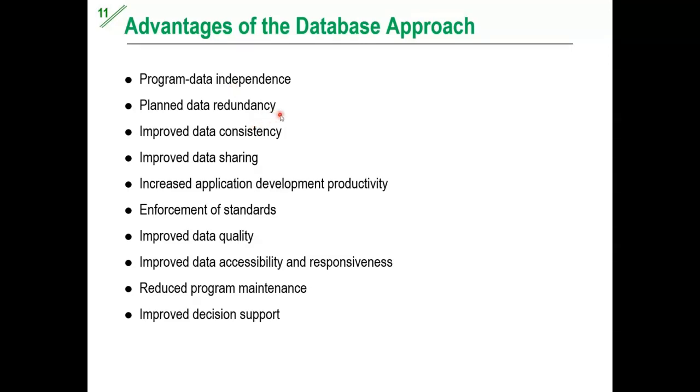Redundancies can be reduced because we have only one single truth of data, with customers, orders and products separately maintained. Even if you want to have redundant information, we can plan very carefully what kind of information can be redundant, and in which files.